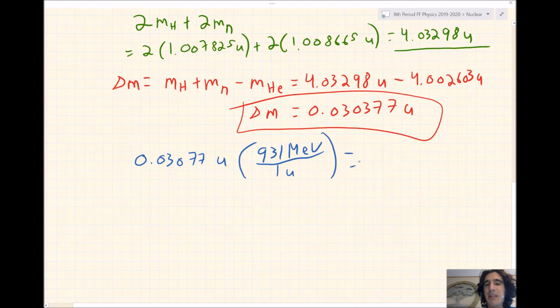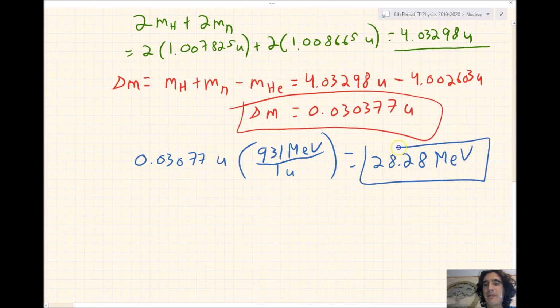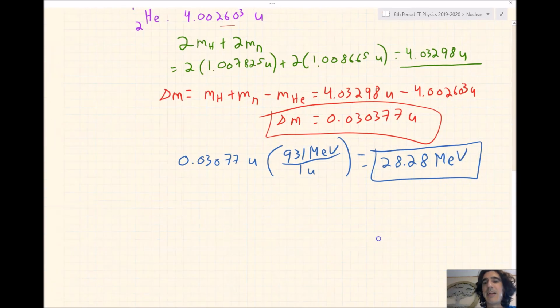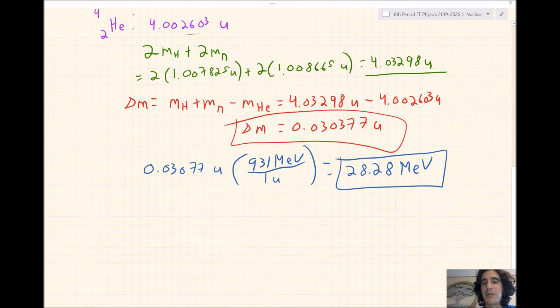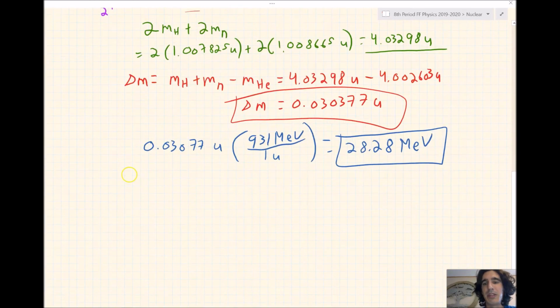Plug and chug, and we get 28.28 mega electron volts. And that's the binding energy of a helium nucleus, 28.28 mega electron volts.